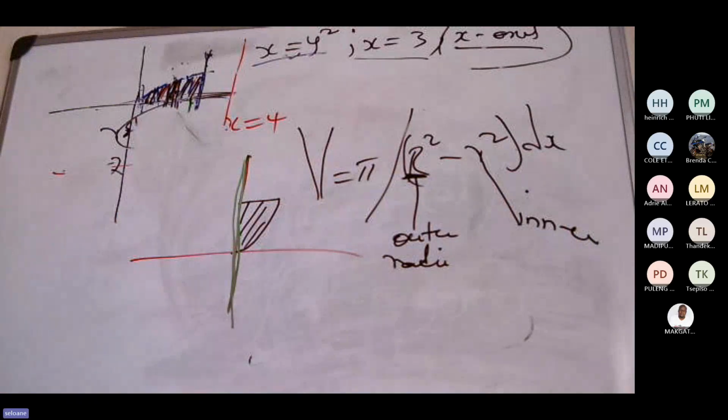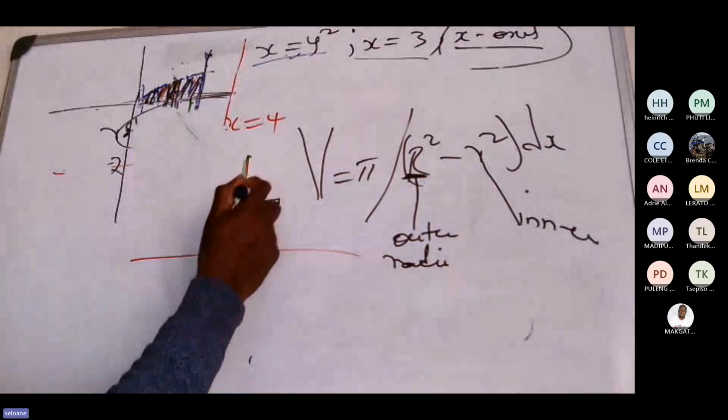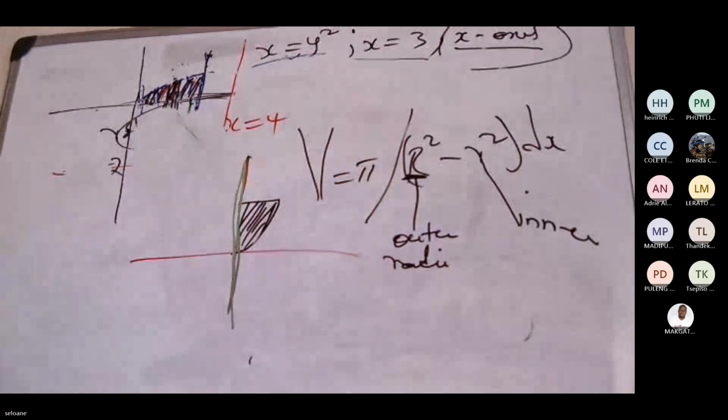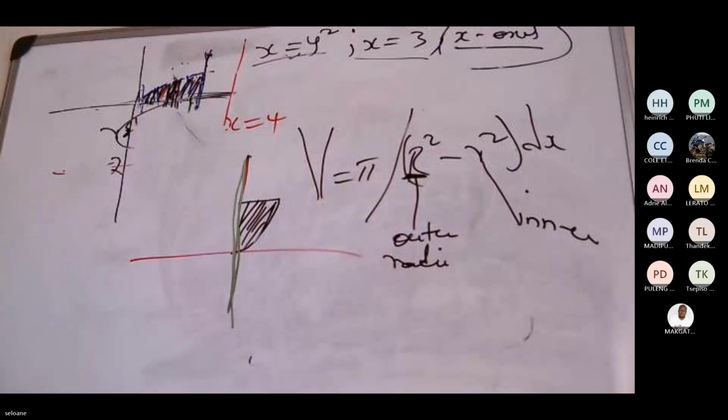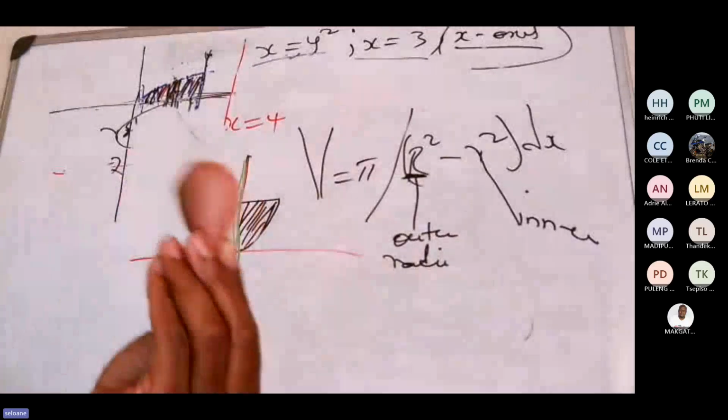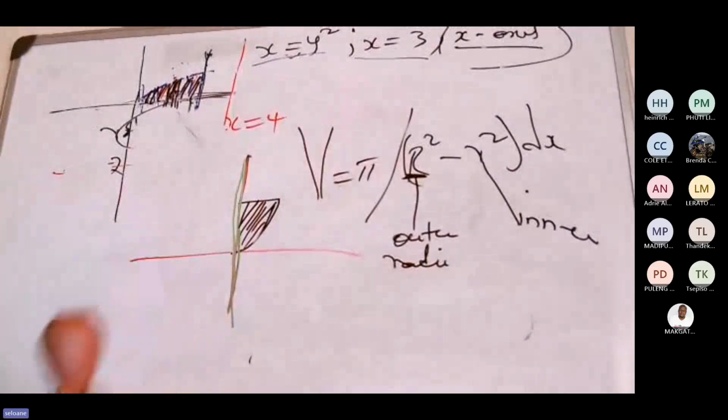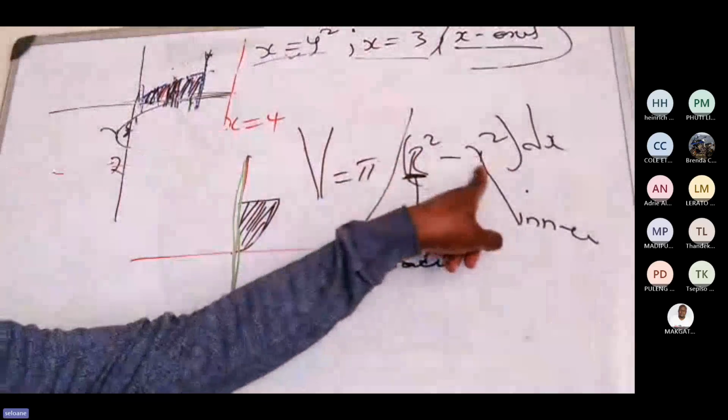Hopefully that makes sense. But in this case, do we have the inner radius? No, we are not going to have the inner radius because you are going to have something that is solid like this. Therefore, this falls off.